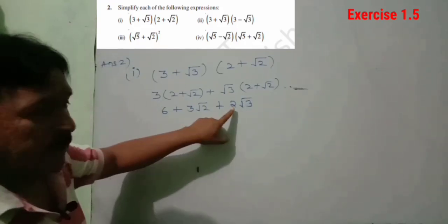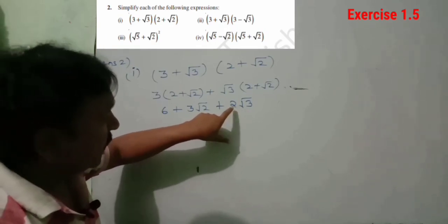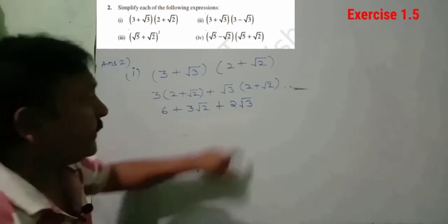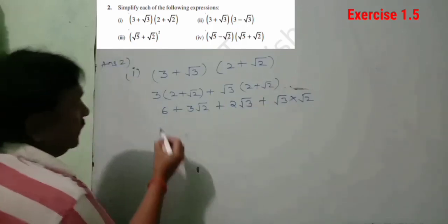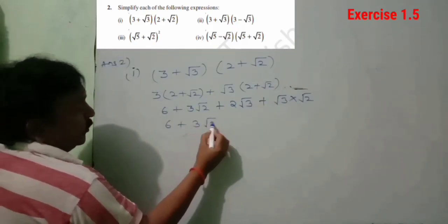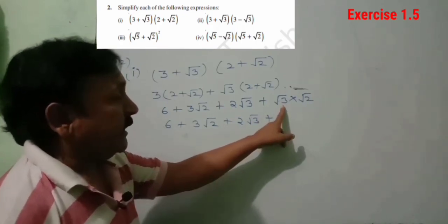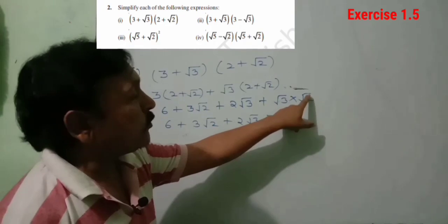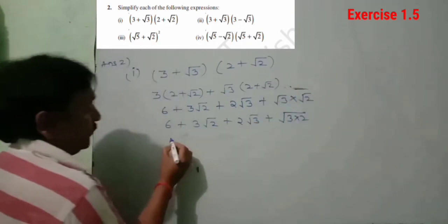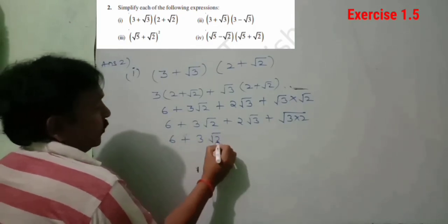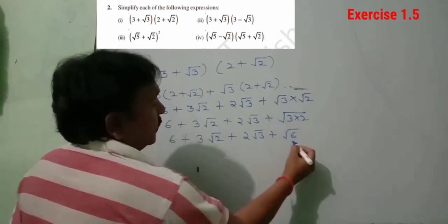Whenever a rational and an irrational number get multiplied, put the rational number first and then the irrational number. Plus root 3 into root 2. 6 plus 3 root 2 plus 2 root 3 plus, as I just told you, 3 has a square root and 2 also has a square root, so they can get multiplied within the same root. 3 into 2 will become root 6.